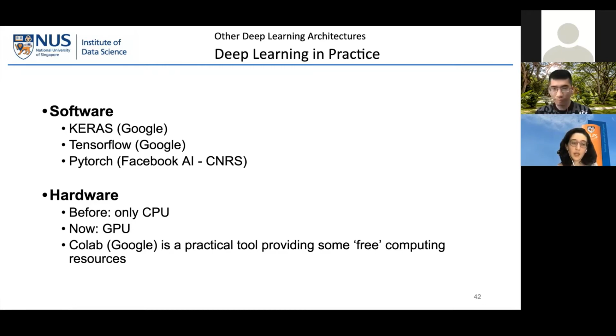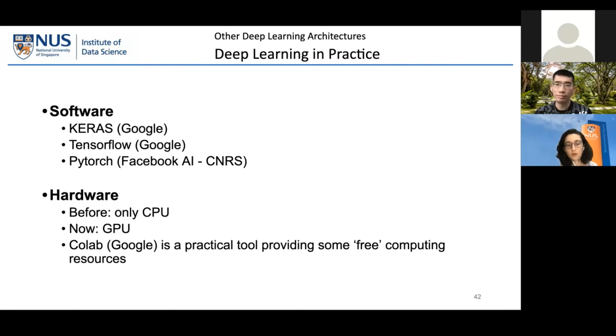Okay, and for hardware, depending on your dataset, if you want to implement some deep learning network for your research or your projects, you may need to take into account the hardware equipment. Maybe only CPU will not be sufficient, or it will be way too slow for you to be able to train your models.